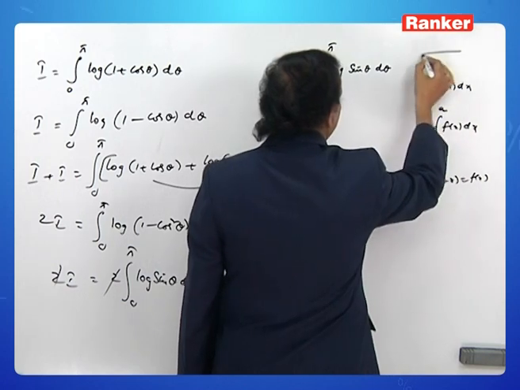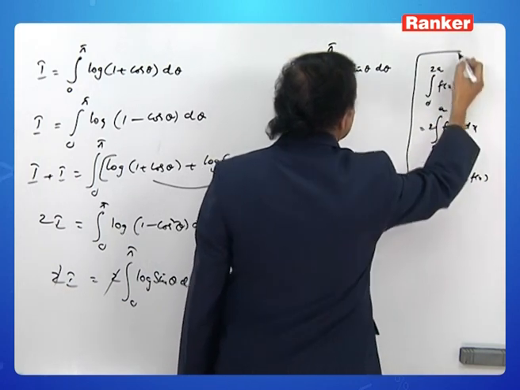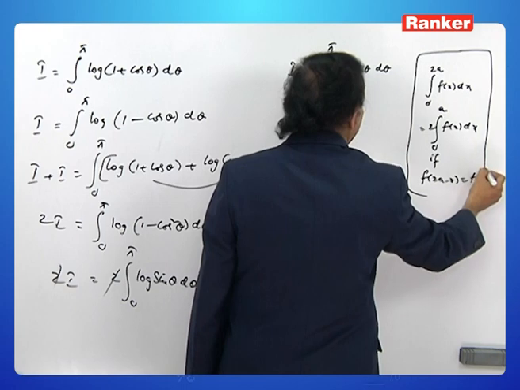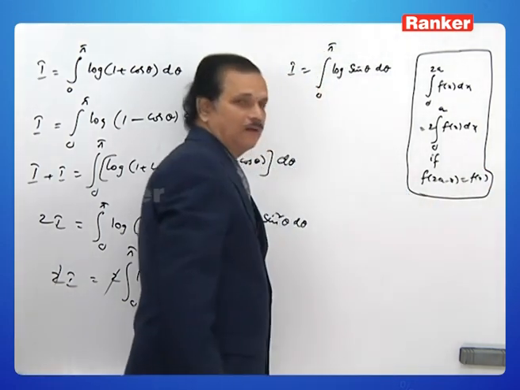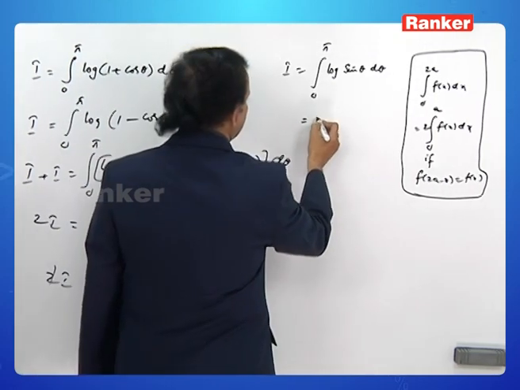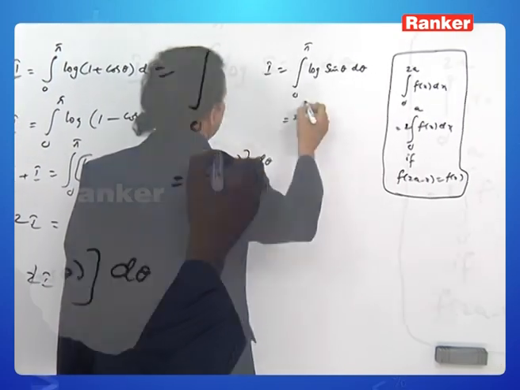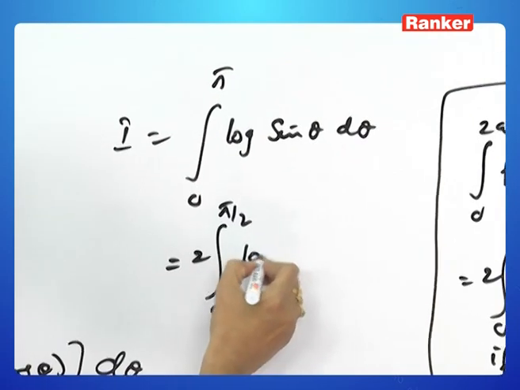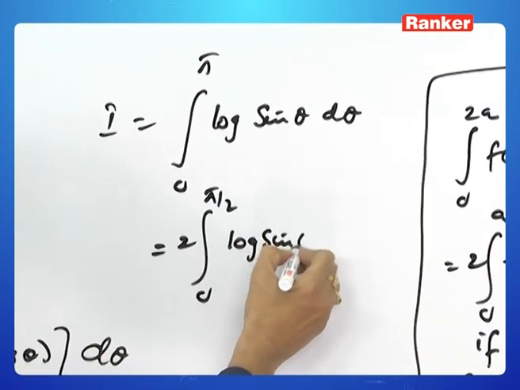A beautiful formula is there with us. Let us now make use of that formula. According to that, it becomes 2 into integral 0 to pi by 2 log sin theta d theta.